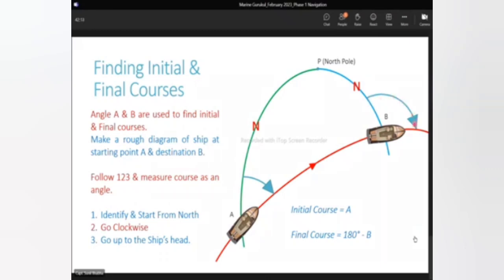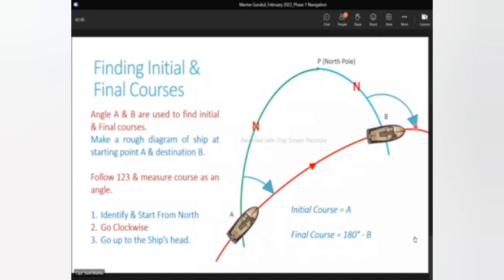So the angle B calculated using the cosine formula will be a different value, whereas the final course of the ship at the destination position will be a different value. We can use the angle B to find out our final course. How can we do that?